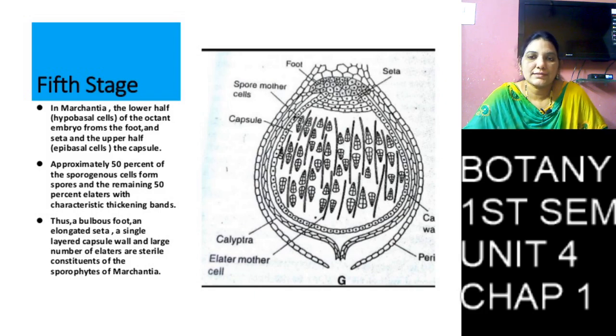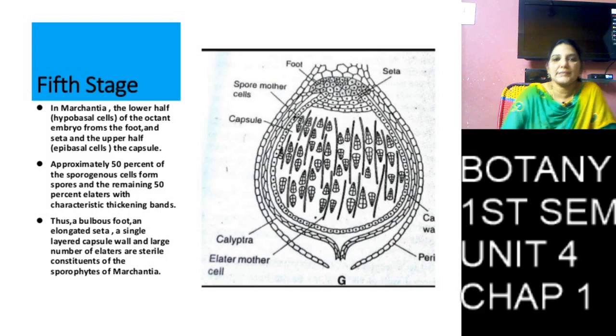The young seta has very thick and short cells. When the spores are mature, the seta elongates and pushes the capsule out through the calyptra and pseudoperianth leaves.